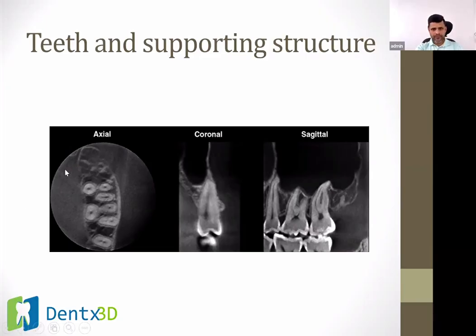So if we were to read this white part, if you can see my cursor, this white part is the buccal cortical plate, this white part is the palatal cortical plate, and the inner black things with whites are your alveolar bone. This round white structure is your root. So it's a cross section of the root.